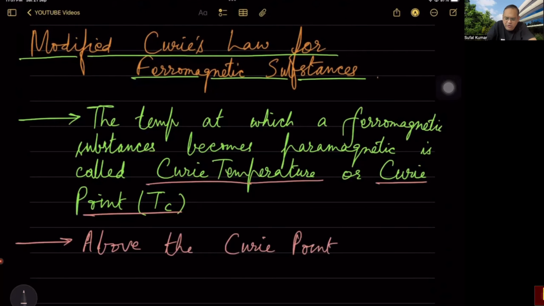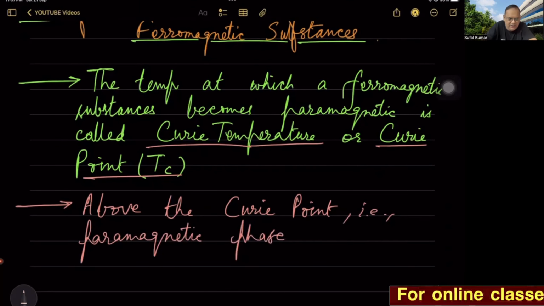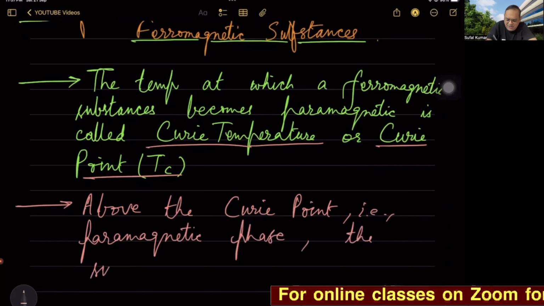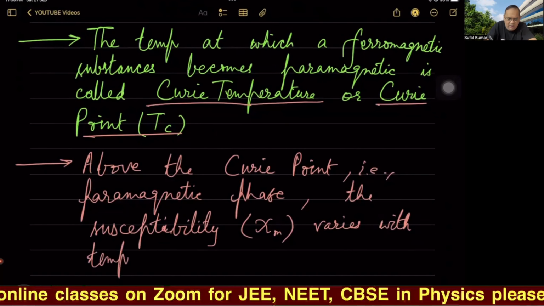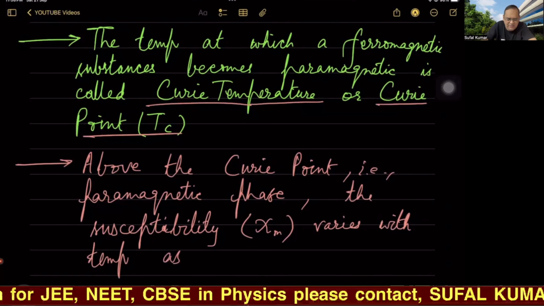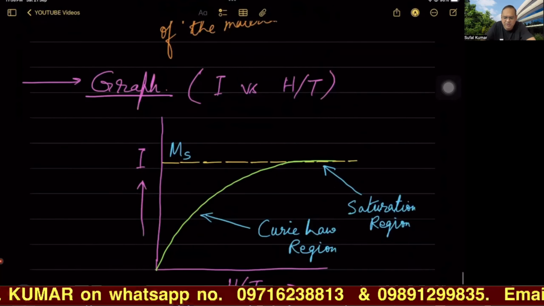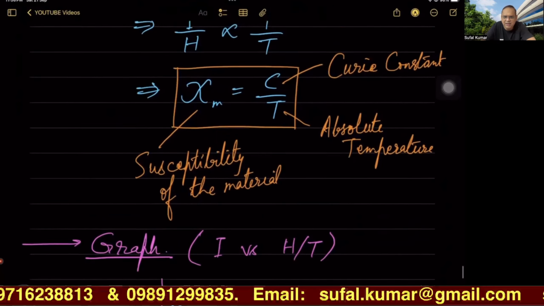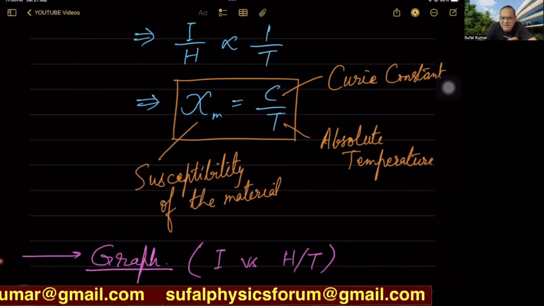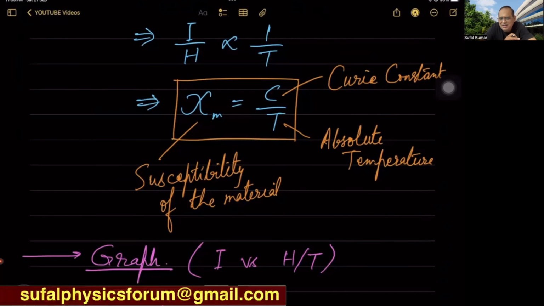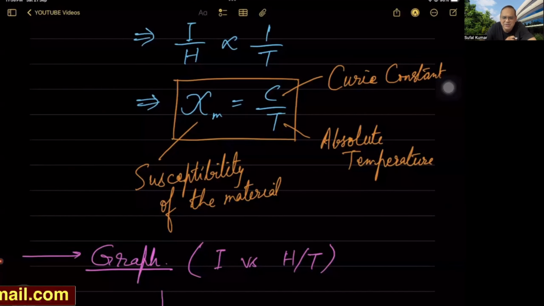Above the Curie point, that is in the paramagnetic phase, the susceptibility, that is chi m, varies with temperature as follows. And again, let me remind you of the original Curie's law: susceptibility equals C upon T. That means susceptibility is inversely proportional to the absolute temperature.